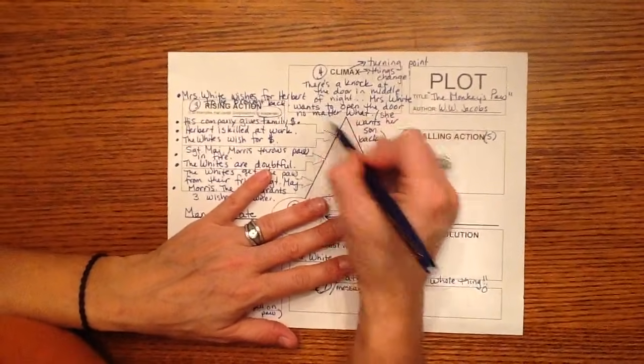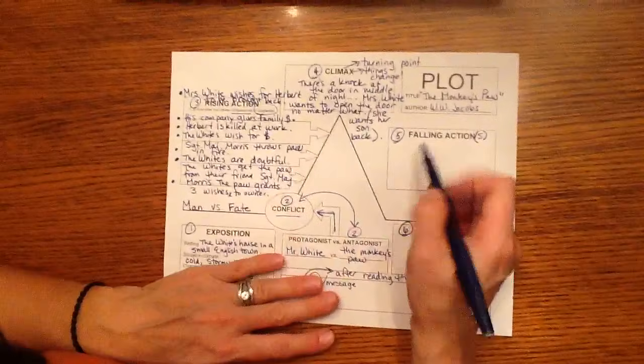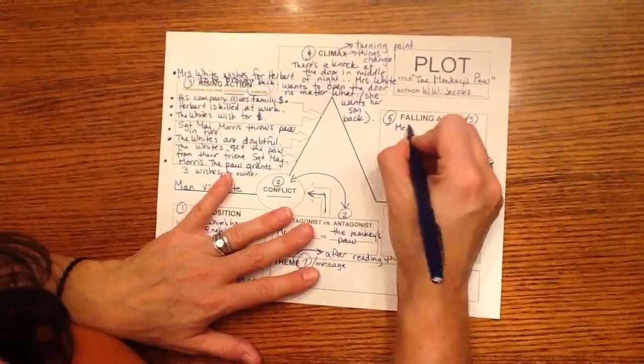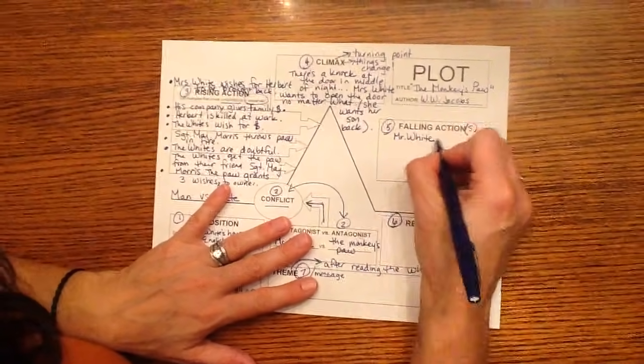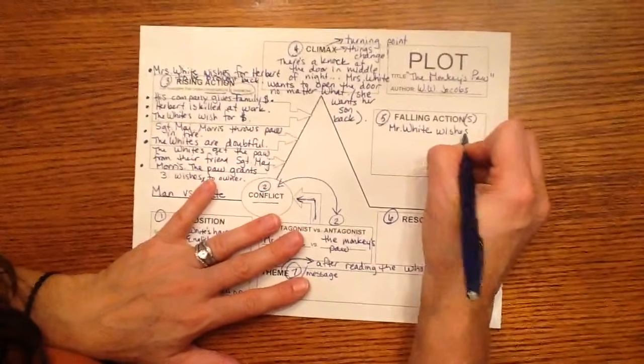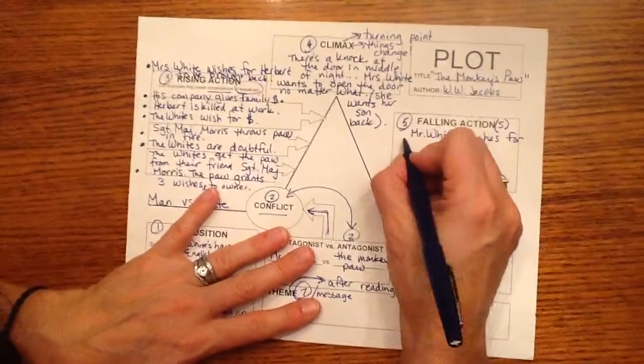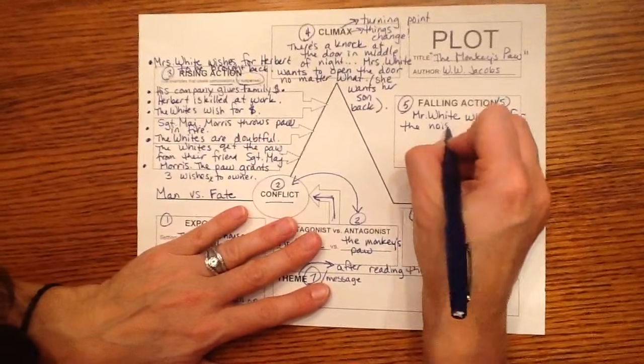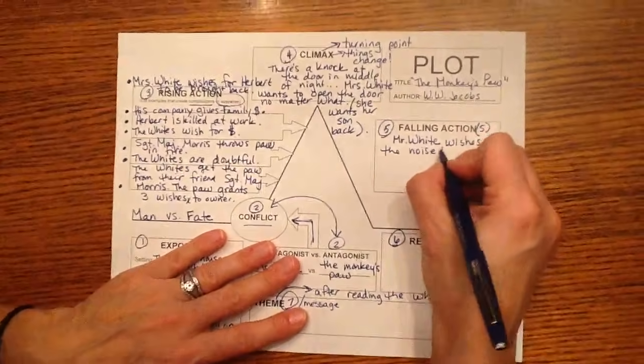Okay, so this is a big turning point, because what happens? Mr. White, in the falling action, Mr. White wishes for the noise to stop. So they don't know what's on the other side of the door.